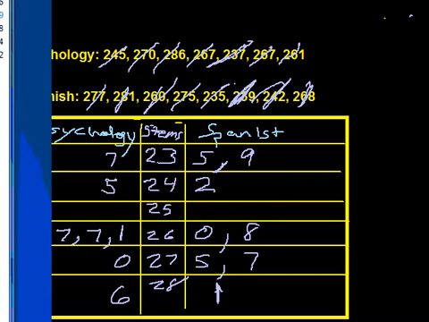Where does this play? Symbol stuff. Time plus name. 24.